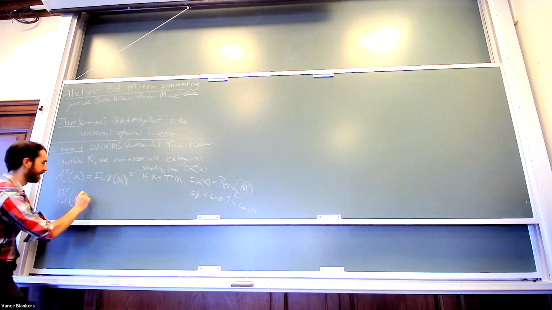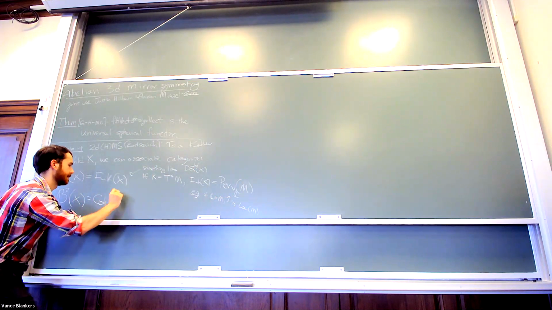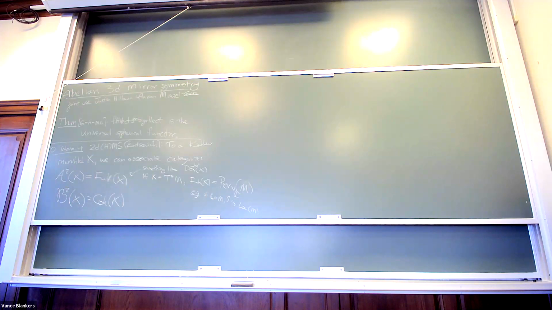This category B2 of X is the category of coherent sheaves on X. So those are a couple of categories which are pretty familiar. I'm not done with this statement.